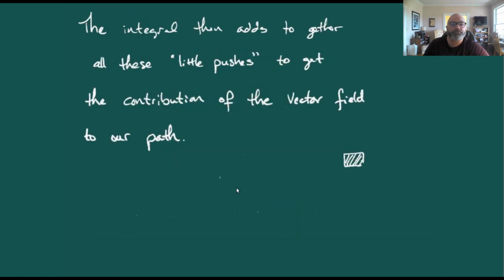And so when we do the integral, we're just putting together all of these little pushes and pulls that the vector field is giving us in the direction of the path that we're going. Putting all of those together gives us the work, or what's being contributed as the energy, or whatever we want to think of in terms of this vector field doing work along this particular path.